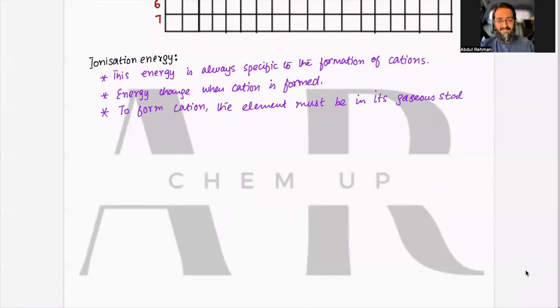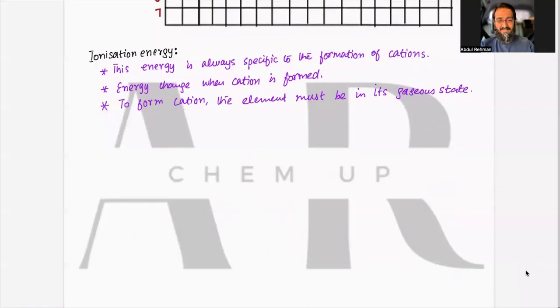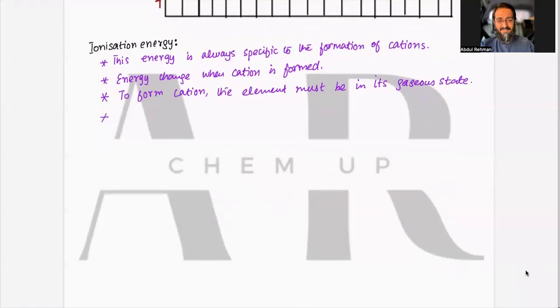Then we are able to measure that energy and we can name it the ionization energy. Okay, now the next question, how do we remove the electron? We use an instrument or device that we call a spectrometer. To remove an electron, a spectrometer is used.